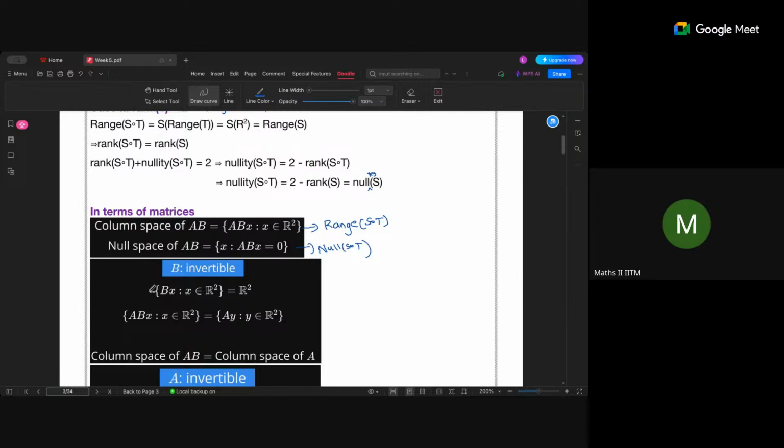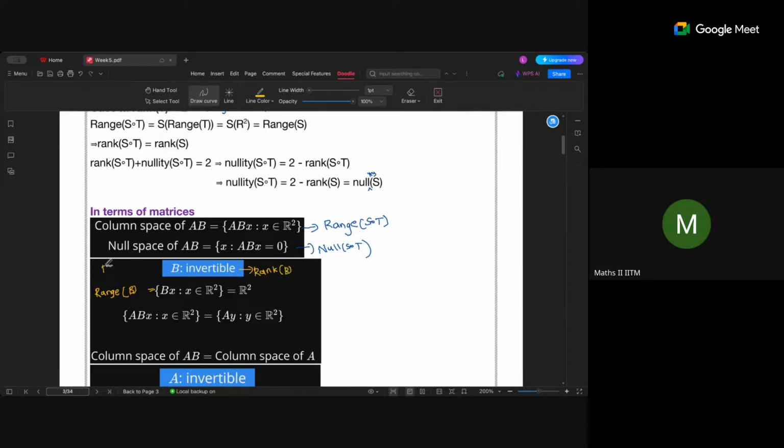What is this set first of all? Can anyone tell what is this set? Range of B, right? So if B is invertible, what should be the range? First of all, what should be the rank of B?